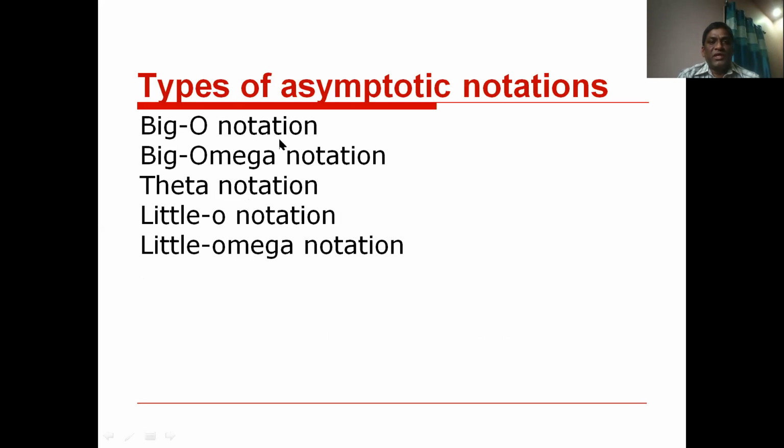The first one is big O notation, and the second one is big omega notation. The third one is theta notation, which people also call big theta notation. And a variation of big O notation is little o notation, and a variation of big omega notation is little omega notation.